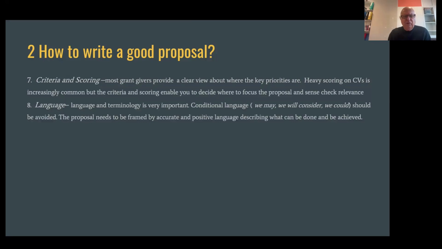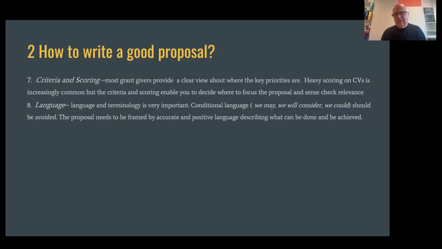There's a thing about language. If you go back to some of the very first slides and some of the feedback, some of the language that we've seen in bids is really problematic. So the thing about language is you use specific terminology only when you need to. If you want to write a really good grant application, it's simple, it's articulate, and it's focused. And it does not have conditional language.